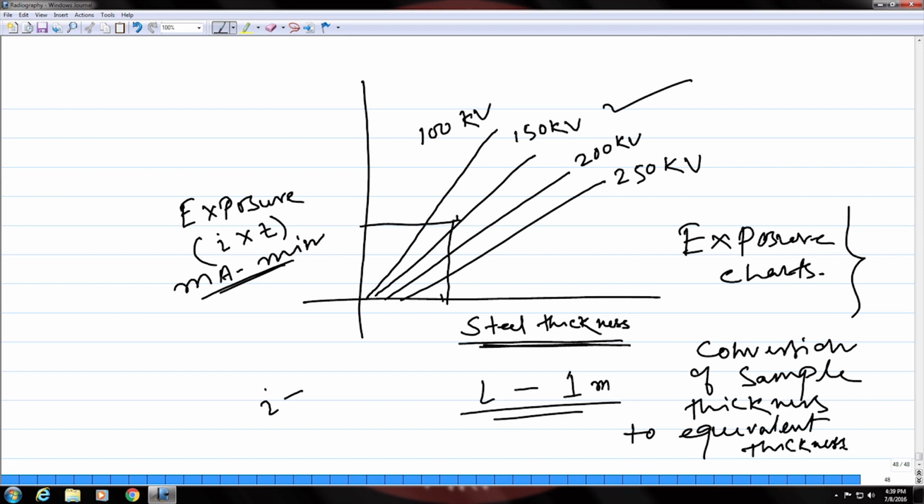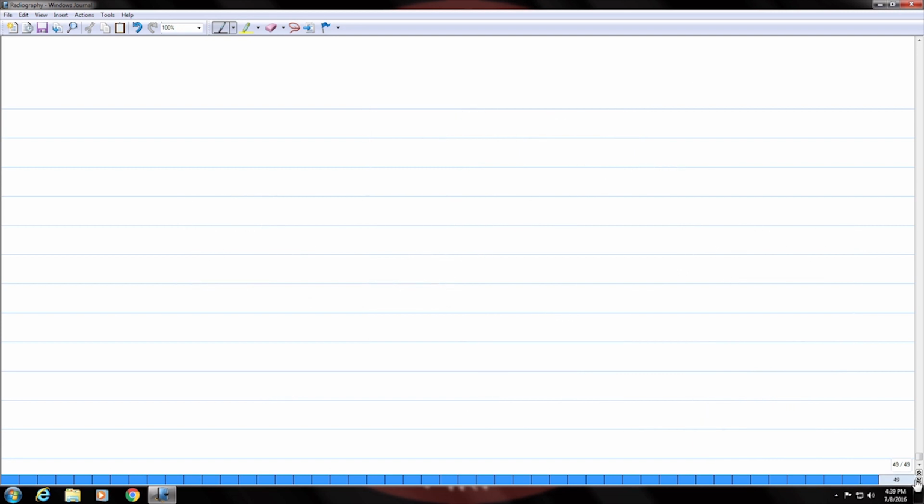I can give you an example for that. But before that, let me tell you what the conversion factors are for different materials to convert their thickness into an equivalent steel thickness.